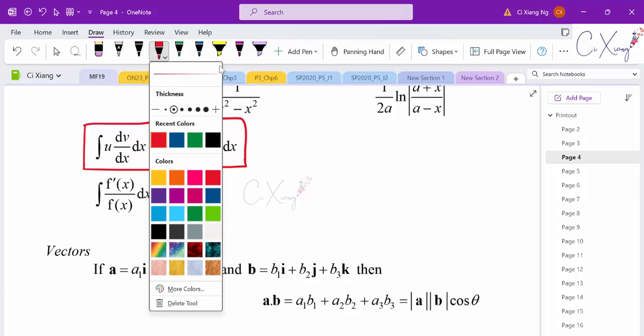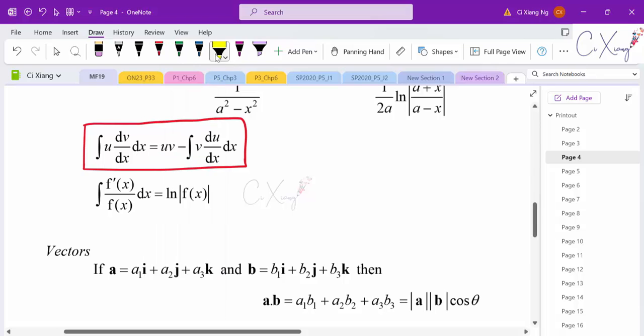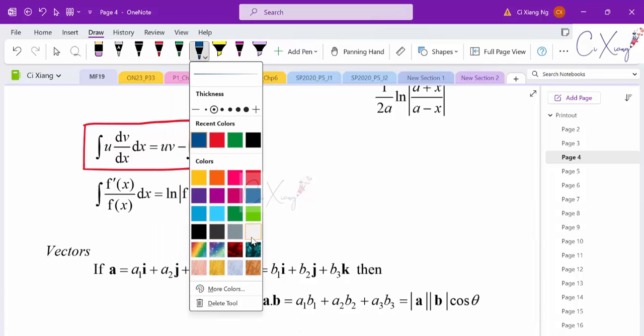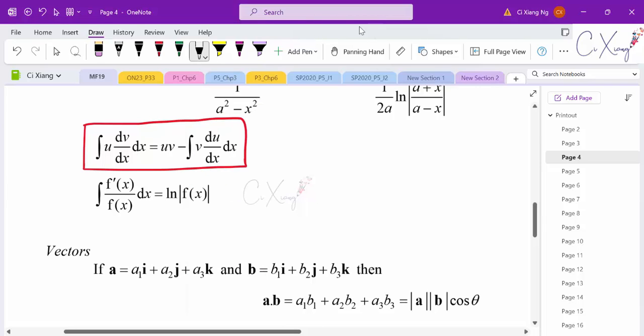Basically they are the same, just that I erase the dx and also the dx. Therefore, I'm having integrate u dv equals uv minus integrate v du. Again, I cancel off the dx and dx together. So my formula at least looks slightly simpler compared to what we have here.